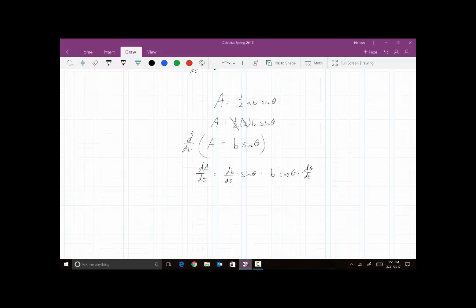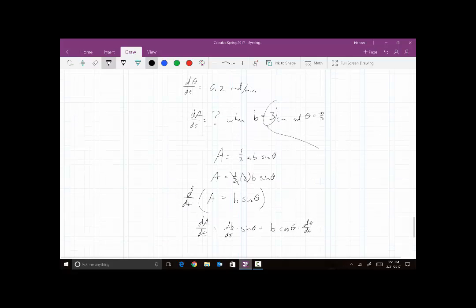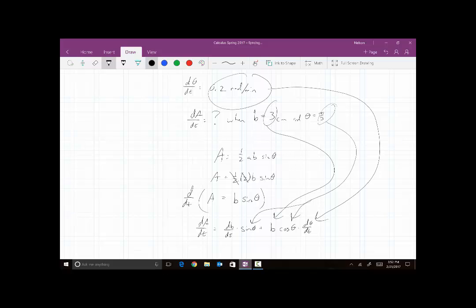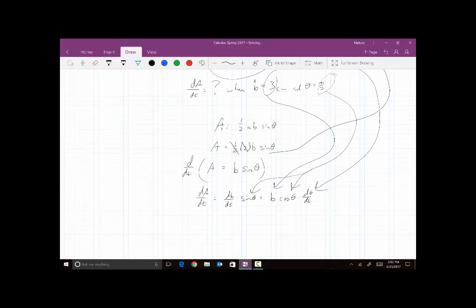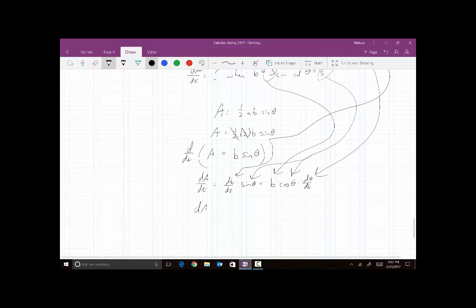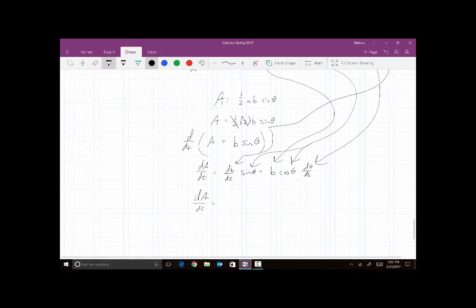Now all we have to do is plug in all of our known values. B is 3, theta is pi over 3, d theta/dt is 0.2, and dB/dt is 1.5.